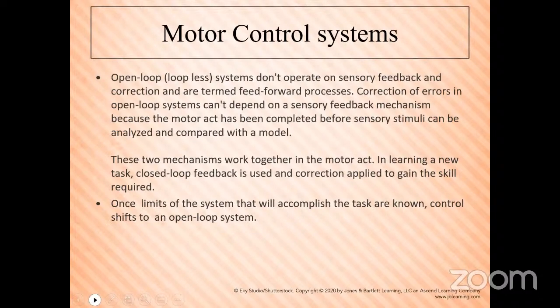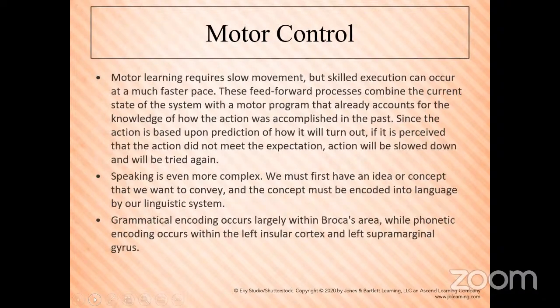Now there is the question of motor learning, and it requires slow movement. This applies to speech also, how speech is developed in the child, or it can be a voluntary movement. Skilled execution can occur at a much faster pace once the learning has taken place.